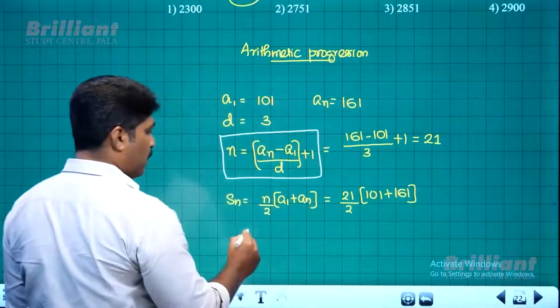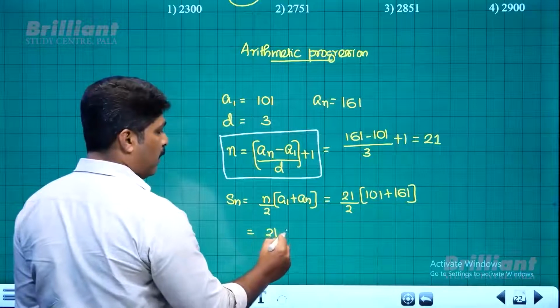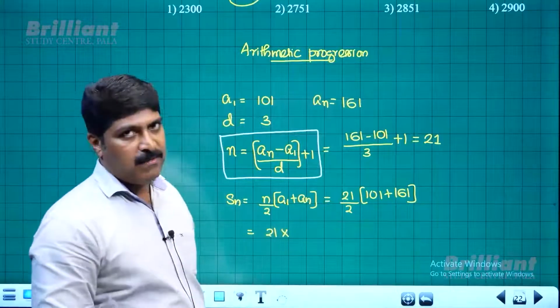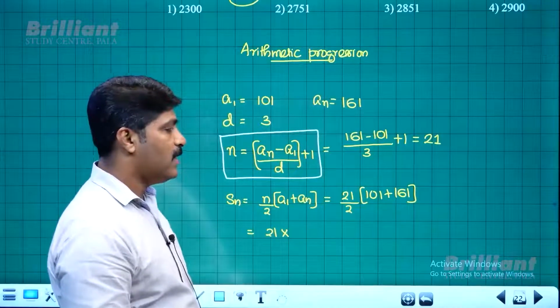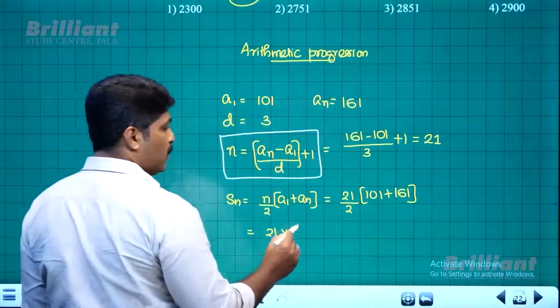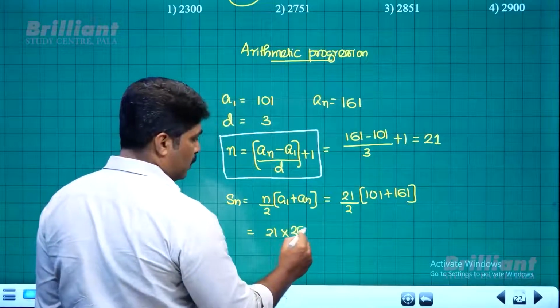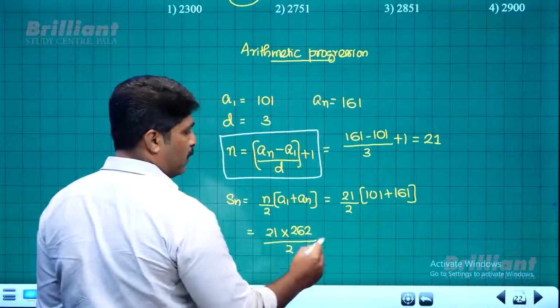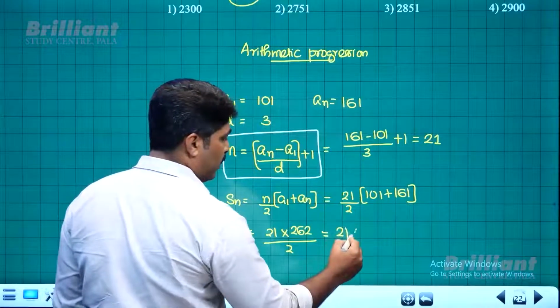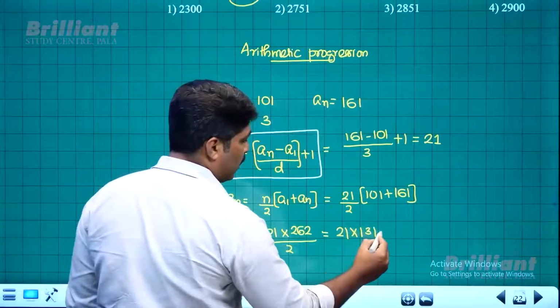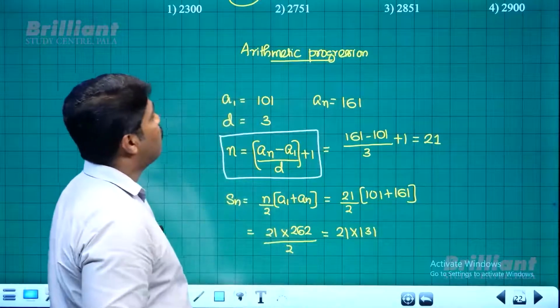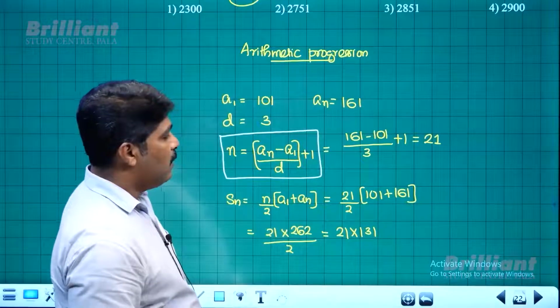So this is equal to 21 into, what is 101 plus 161? That's equal to 262. 262 divided by 2, so that is simply 21 into 131.